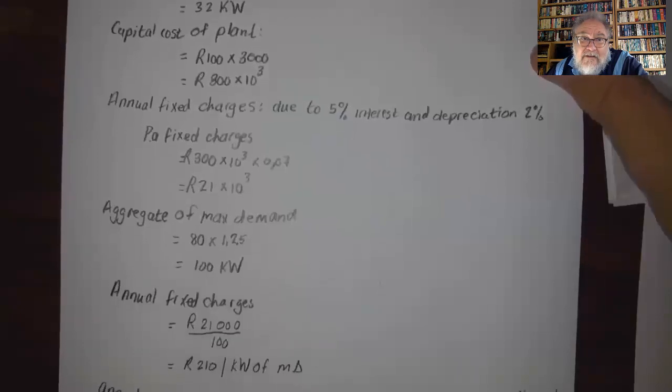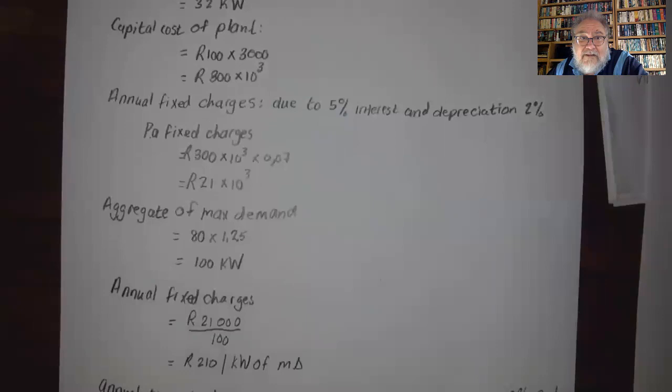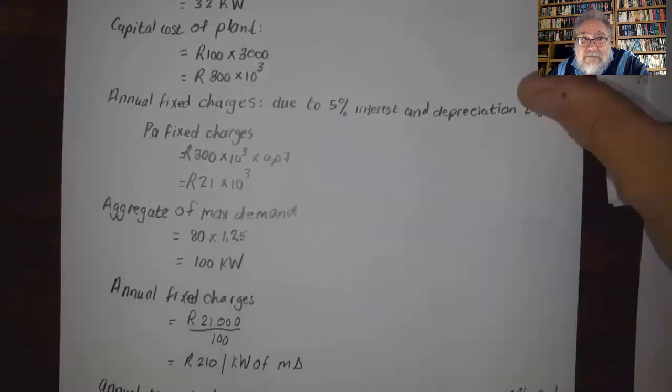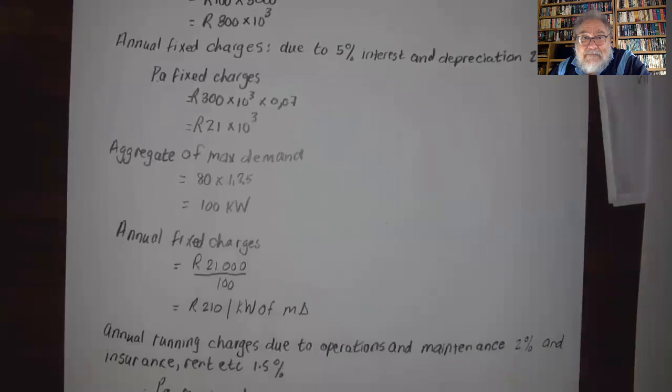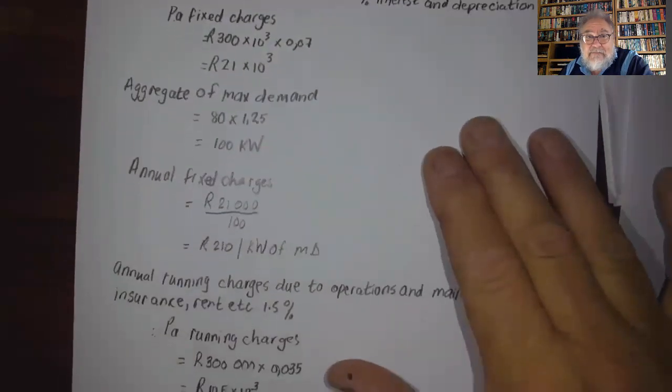That gives us 300 times 10 to the power of 3. The annual fixed charges due to 5% interest and depreciation is 300 times 10 to the power of 3 times 0.07, which is the sum of those two, which gives us 21 times 10 to the power of 3.